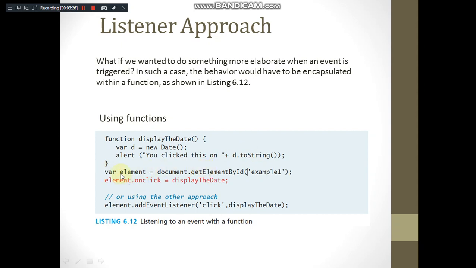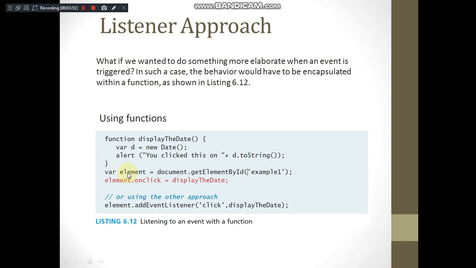Then the way to call that, using the listener approach in JavaScript, is to call this function as usual. You are creating a variable assigned the return value of document.getElementById. This is the element to which this event is attached, that is example1.